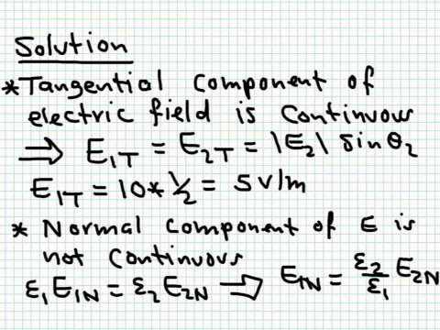Now we can say that E1 normal is equal to the ratio epsilon 2 to epsilon 1 times E2 normal, and this ratio is equal to 2, because epsilon 1 is 1/2 epsilon 2. Can we get E2 normal? Of course, because we know the modulus of E2 is 10 and the angle is 30, so it's 10 cosine 30 degrees. By that we can get the normal component of the electric field in the first medium.